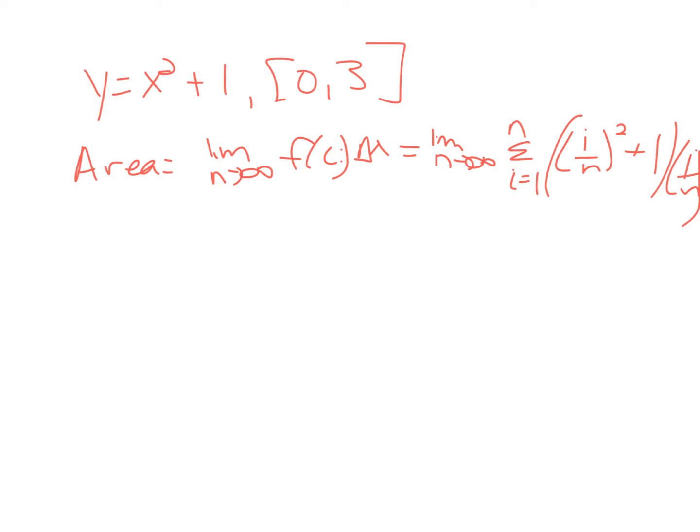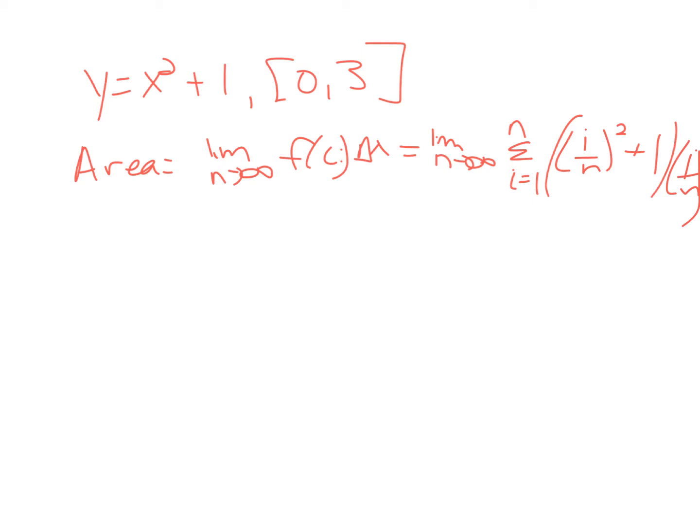These will basically represent our endpoints. This right here is our change in x. That's where that little change symbol that we had. This is our change in x. This right here is going to represent our endpoints. This 1 over n, did I say i by accident? No, it should be 1. This is a 1 over n.